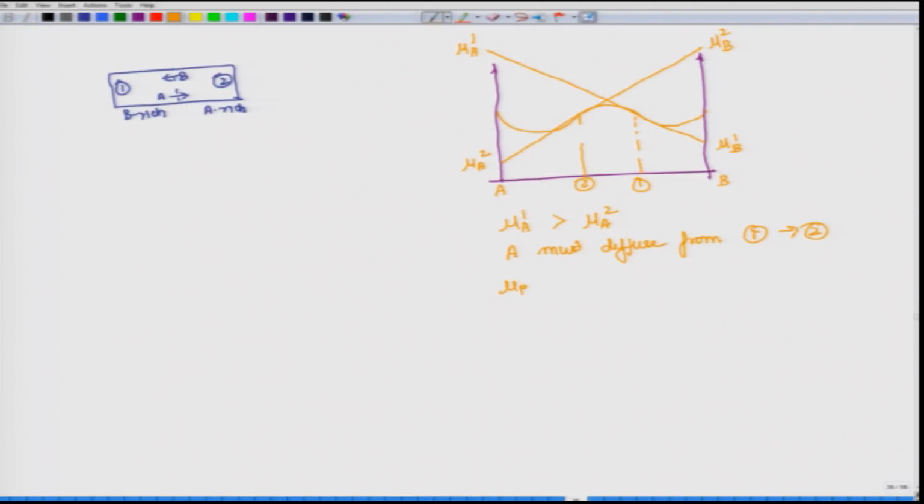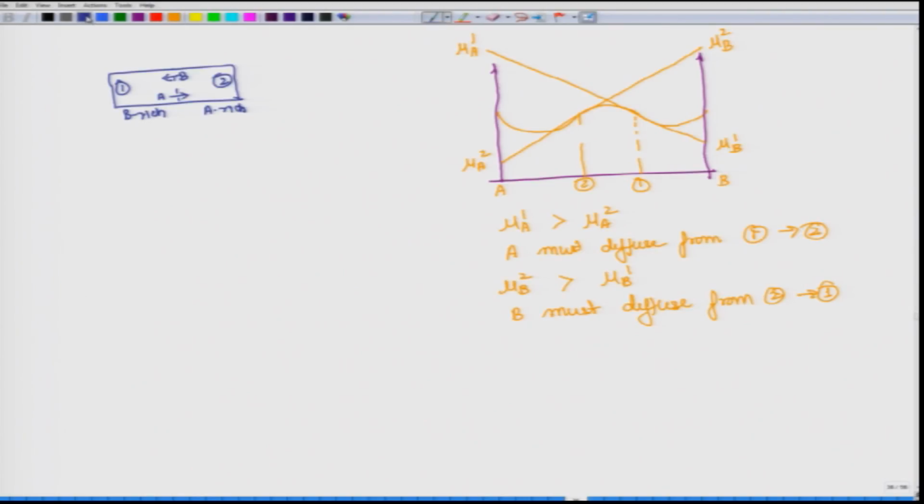For B, mu B2 is greater than mu B1, therefore B must diffuse from 2 to 1. So, now we see that indeed what is predicted by chemical potential is what is happening over here.